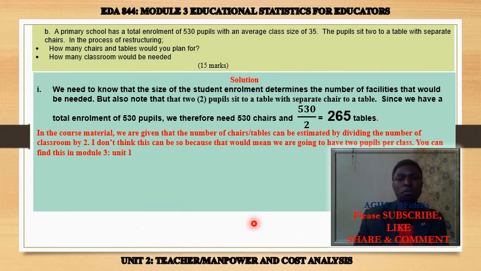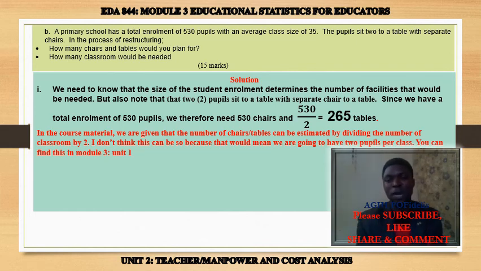Sorry, before talking about that, I understand that in the course material, we are given that the number of chairs and tables can be estimated by dividing the number of classrooms by 2. I don't actually agree with that, because if you do that, it means we are going to have 2 pupils per class.